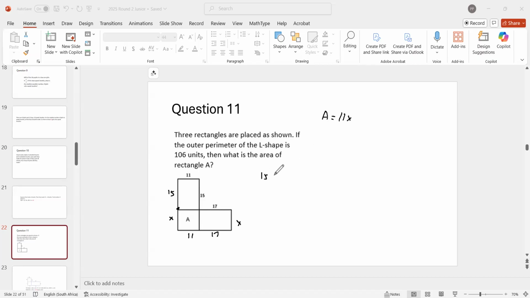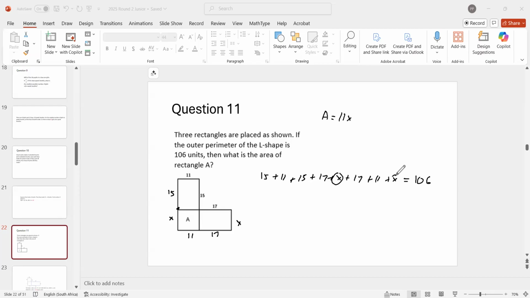Let's put 15 plus 11. I'll just follow the same path that I chose. And that comes back to x, and that is 106. So there it is. You have an equation involving x.